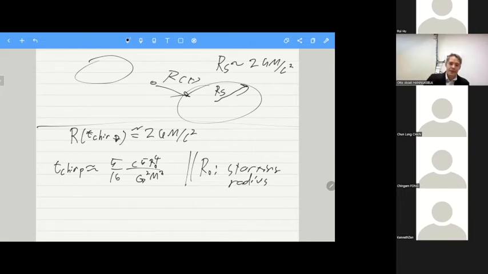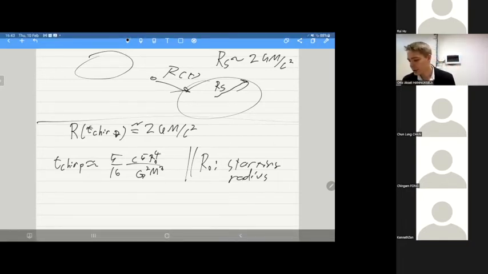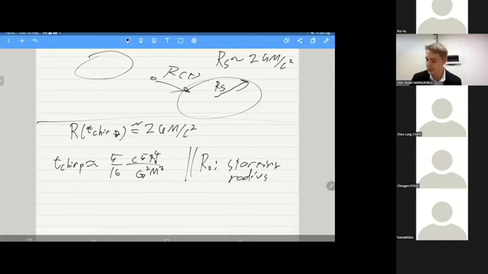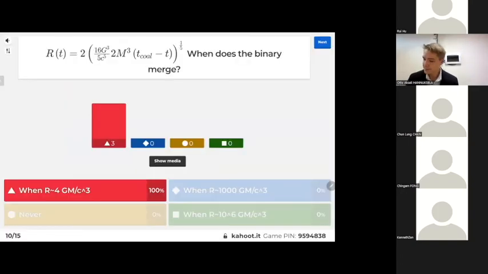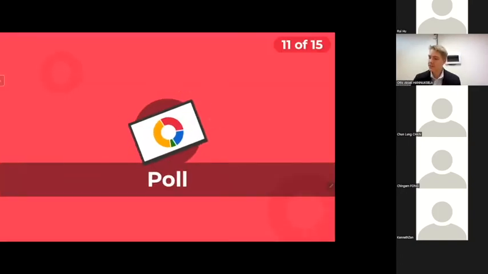So you basically solve the equation for when the two objects touch, and that's roughly what you get as an order of magnitude estimate.